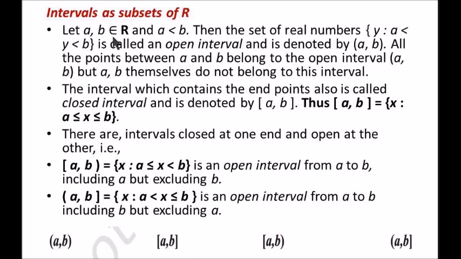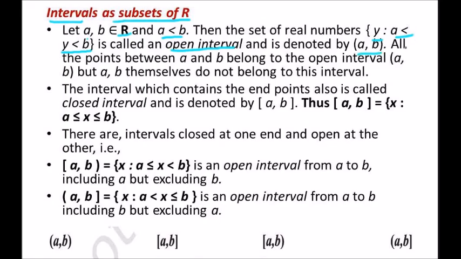Now, we are moving to a very important concept, that is, intervals as subsets of R. Let a and b be elements of R and a less than b. Then the set of real numbers, we can write, the set of all y such that y is a real number and a less than y less than b, is called an open interval and is denoted by (a, b).